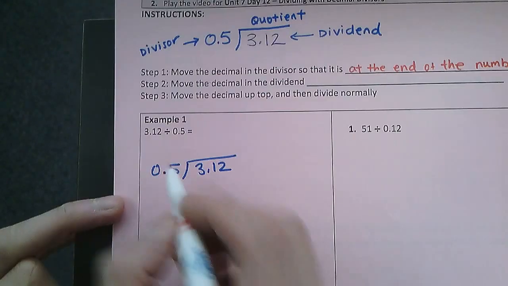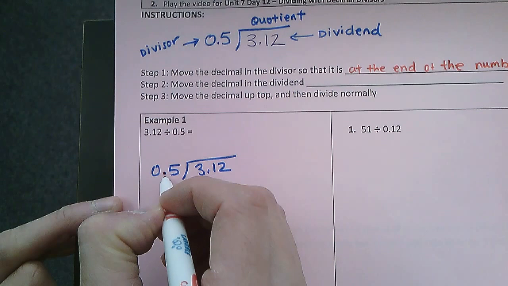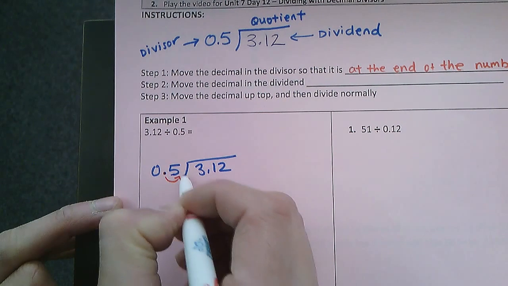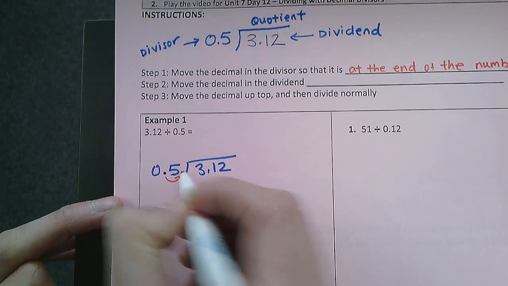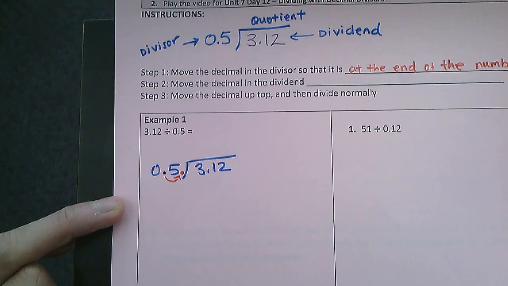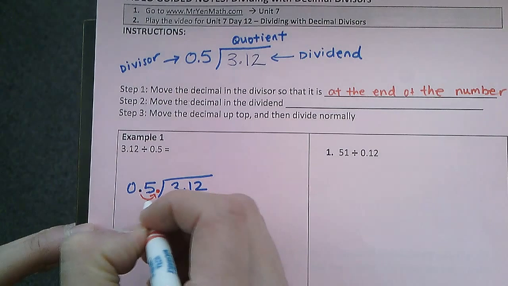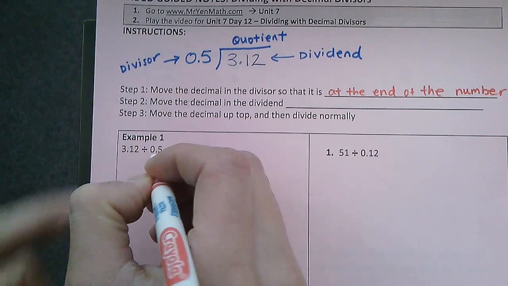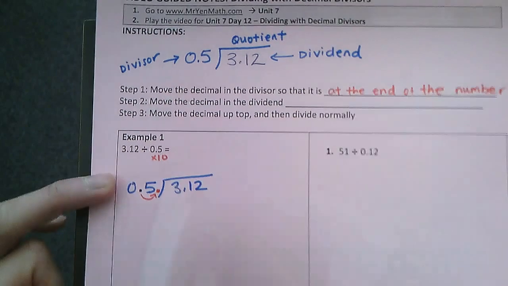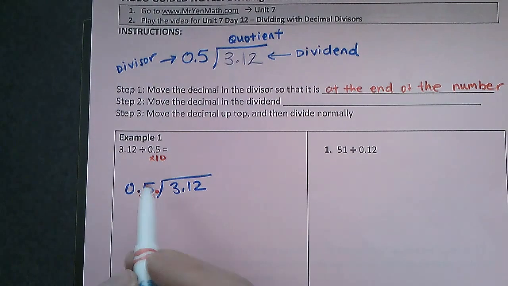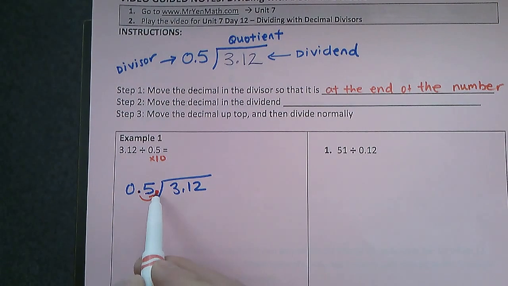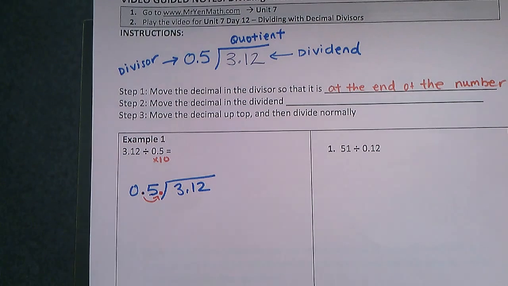So let's do that right now. 0.5, we have to move it one place so that it's at the end here. This is the same thing as multiplying 0.5 times 10. We just changed 0.5 so that instead of 5/10, it's 5 wholes.